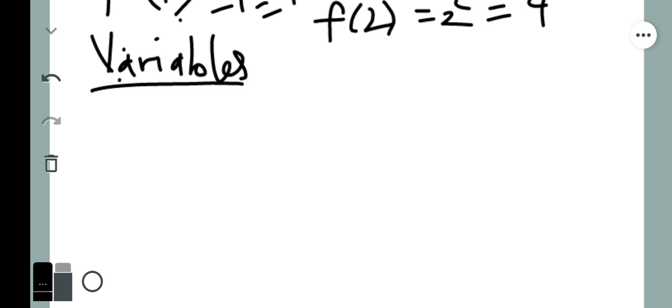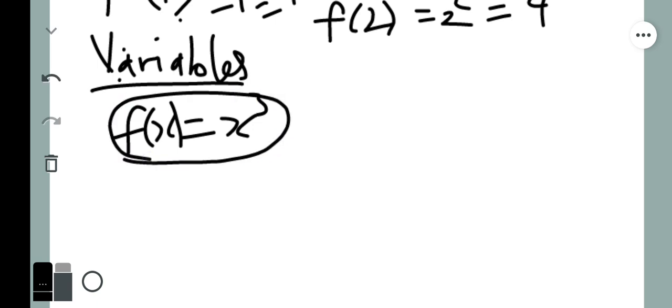So when you have a function f of x equals x cube, I can write it as y equals x cube. Here y represents your f of x.